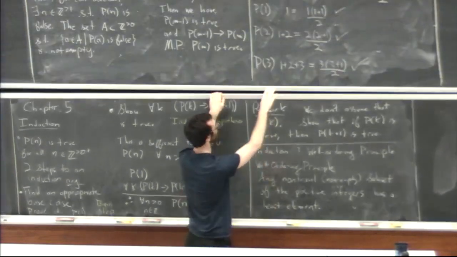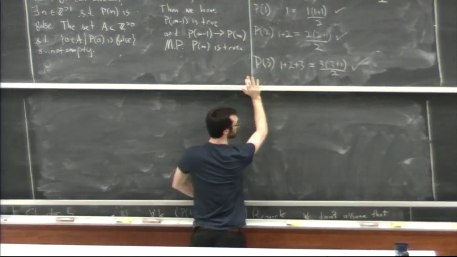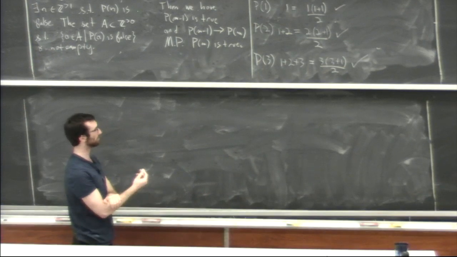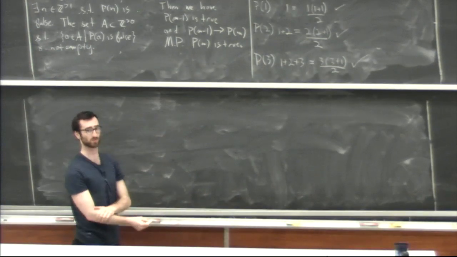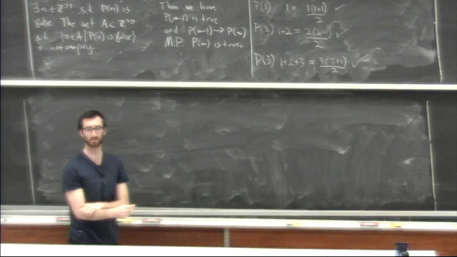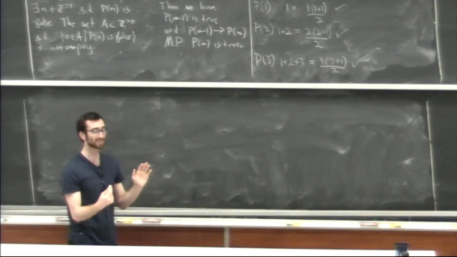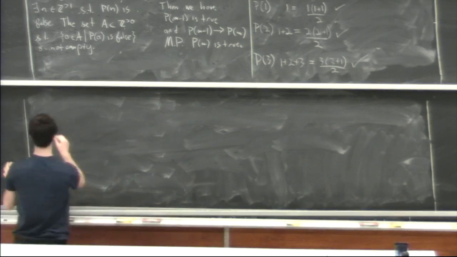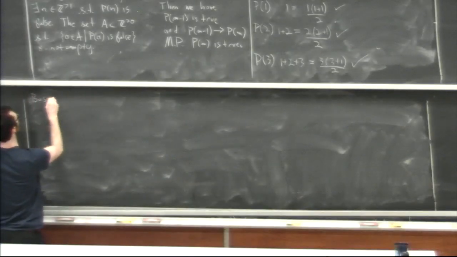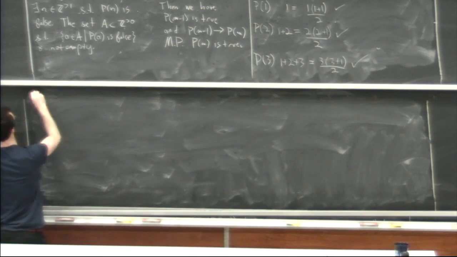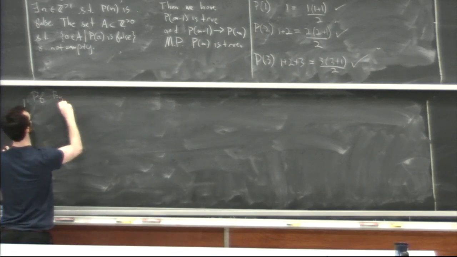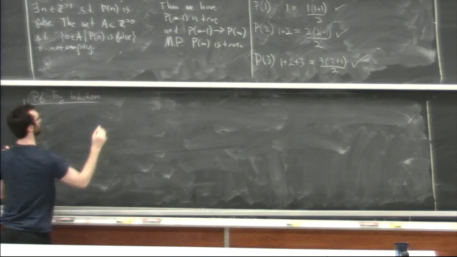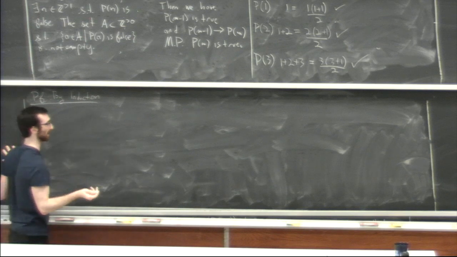So I'm still trying to use induction on this problem. The first statement, or the base statement, seems to be that first one, right? If I want to show something for all integers, a natural base case, or a place to start, is just with P of 1. So the base case, so proof by induction. First, I need to verify that the base case is true.